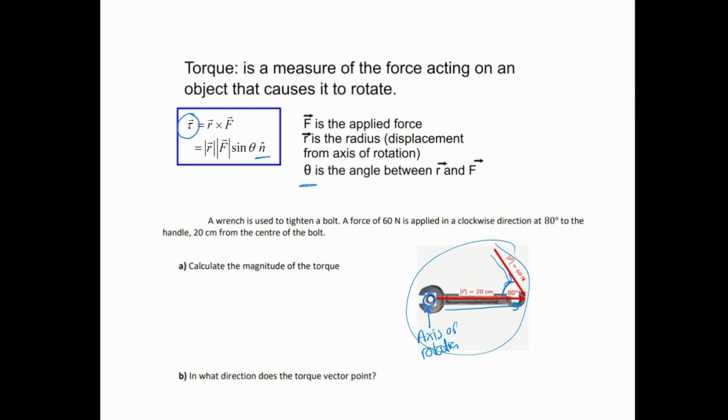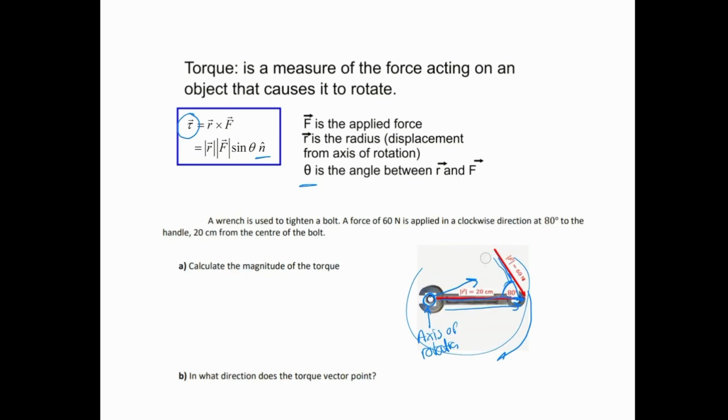That's why this works out so well, because you can imagine we've got a force acting in this plane and a force acting in this plane. It's moving in this direction, and the torque is actually going, in this case, into the page. And we're going to talk about why that is in a second. But it does have a direction, and it will either be causing a torque into the material, or if we are turning it in the right direction, out of the material to loosen the bolt.